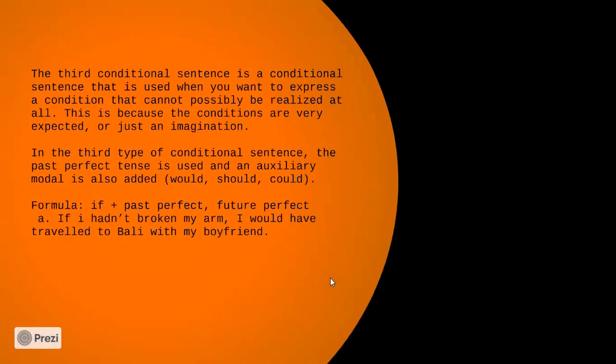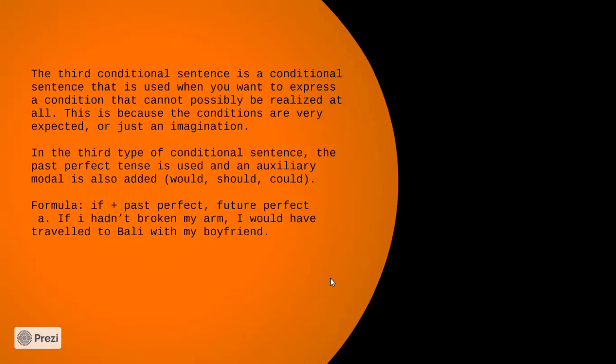Type 3. The third conditional sentence is a conditional sentence that is used when you want to express a conditional that cannot possibly be realized at all. This is because the conditions are very expected or just an imagination.